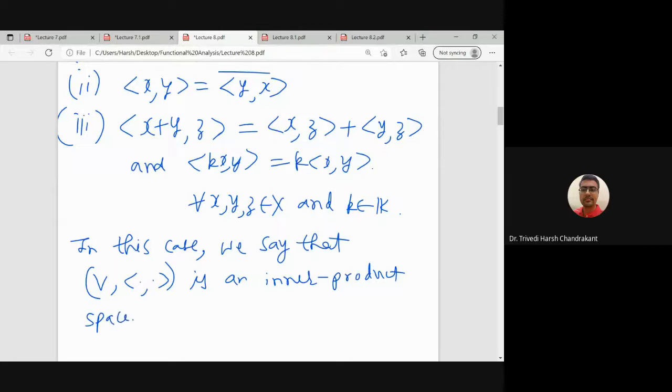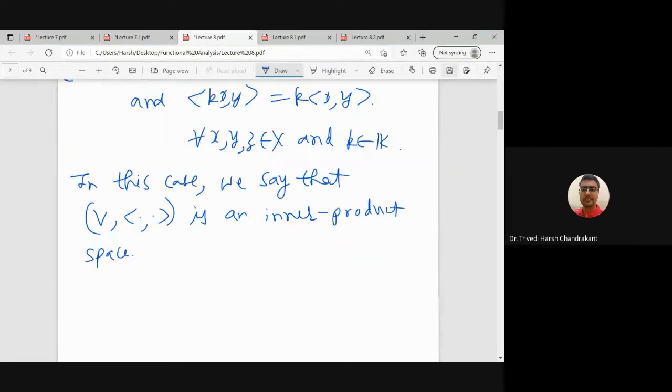We know several examples and applications of inner product spaces, but we studied inner product spaces only for the finite dimensional case. But in this course, we will discuss infinite dimensional inner product spaces. So let us start with the finite dimensional case.